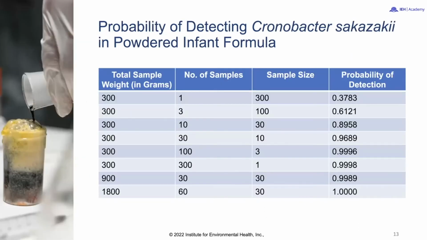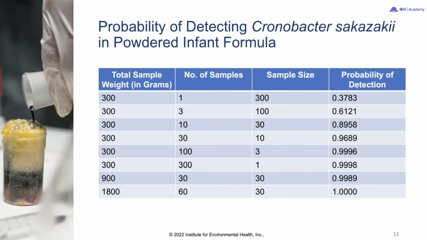So using this real world example, this shows you what would happen. What I'm going to do is walk you through a situation where we keep the total amount of product that we test the same, but take different numbers of samples. For example, we could take a single 300 gram sample.